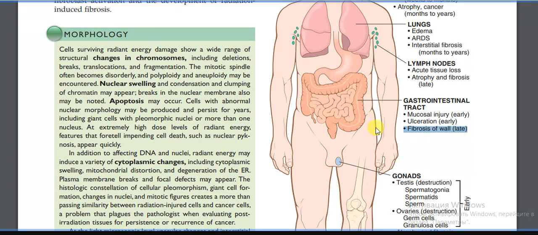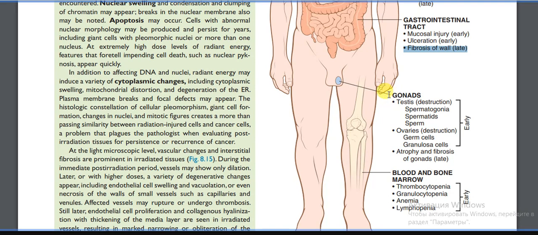Then the gonads. Usually people who go for X-rays try to preserve the gonads, in males especially. And actually it's true, because there we have very rapidly dividing cells like spermatogonia. In the early period, there is interstitial destruction of the testis, destruction of spermatogonia, spermatids, sperm, which are lineages of the same cell.